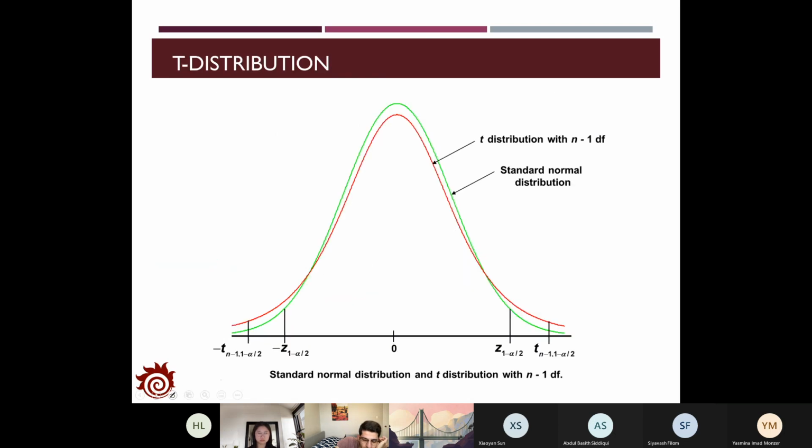And this figure shows a comparison between the t distribution and the normal distribution. You can see this difference. The t distribution is related to the degrees of freedom, and usually with higher degrees of freedom, it gets closer to the normal distribution.